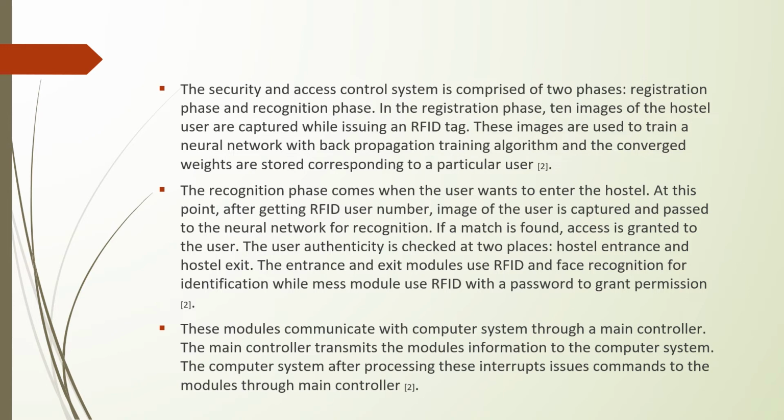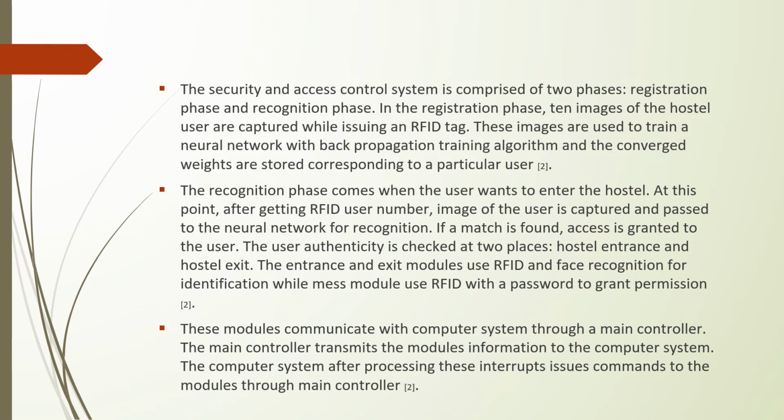During the recognition phase, the user wants to enter the hostel. At this point, after getting the RFID user number, an image of the user is captured and passed to a neural network for recognition. If a match is found, then access is granted to the user.